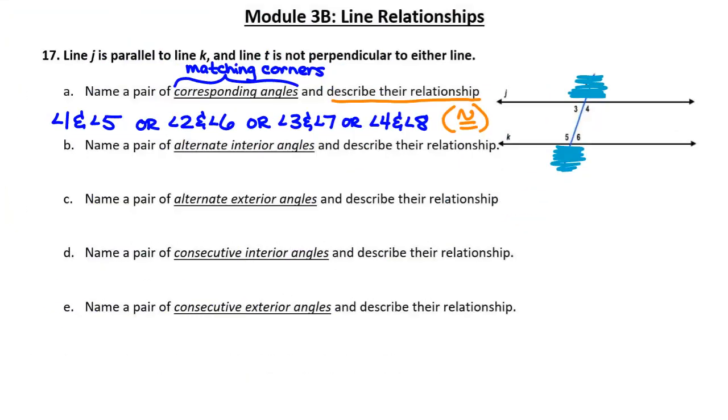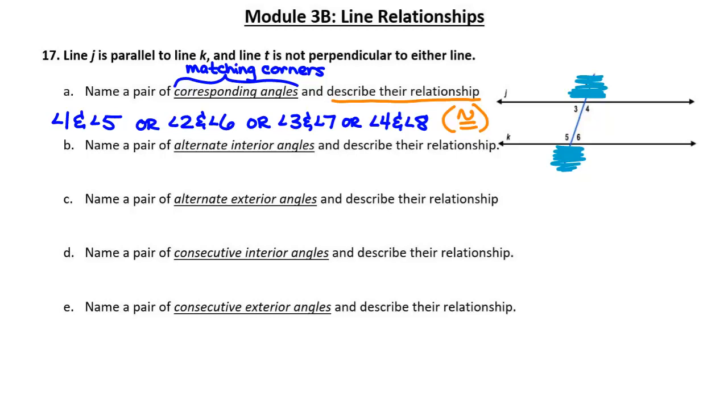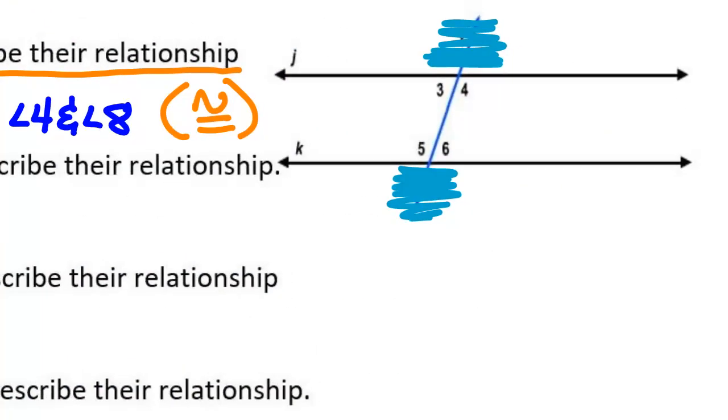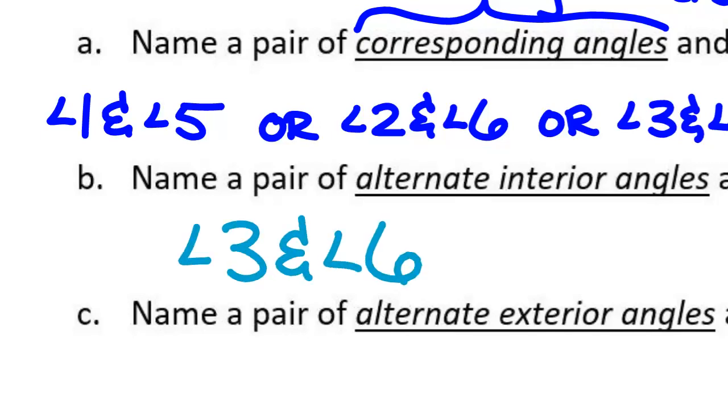Alternate interior angles. If I'm looking for interior angles, I can't be looking at any of these ones on the outside. What would be a pair of alternate interior angles? Which ones? Not 3 and 5. 3 and 4, no. 3 and 6. Angle 3 and angle 6.